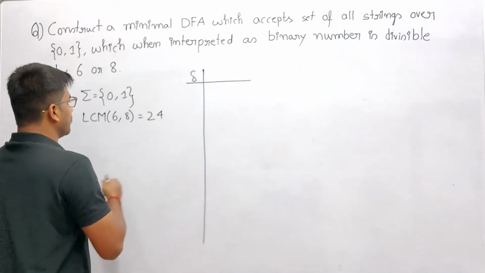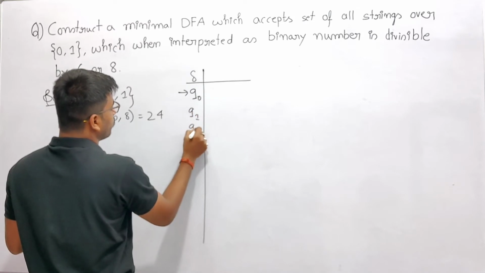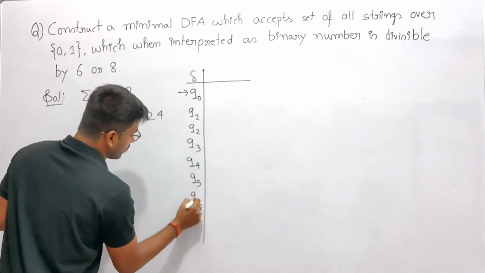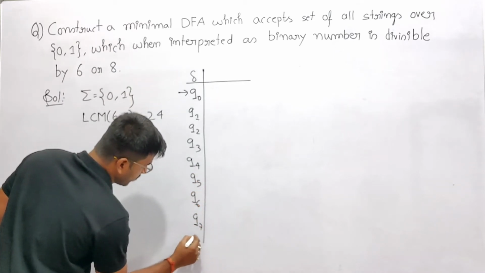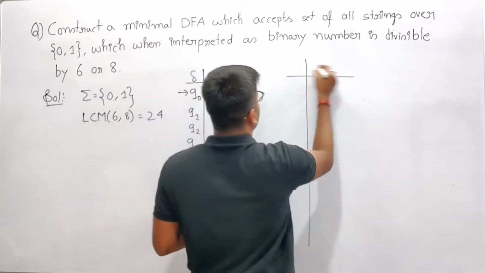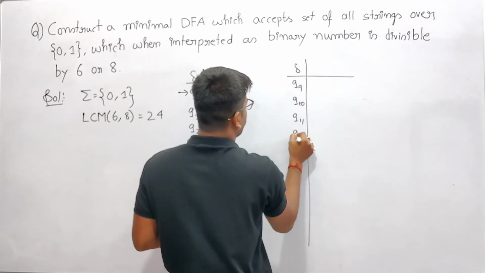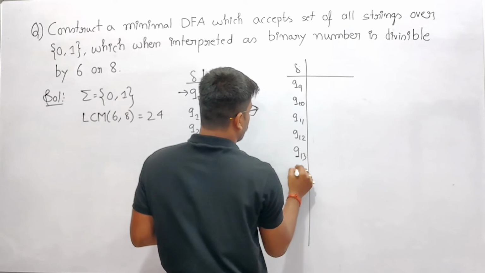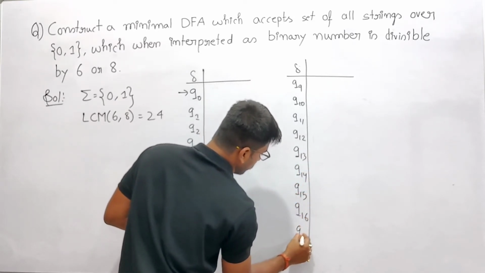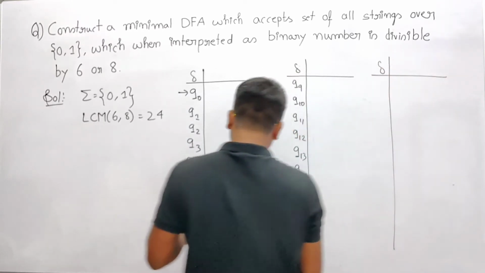Okay, let me write, then it will be more clear. States will go from q0, q1, q2, q3, q4, q5, q6, q7, q8, q9, q10, up to q17.